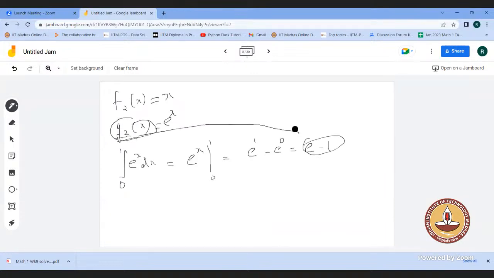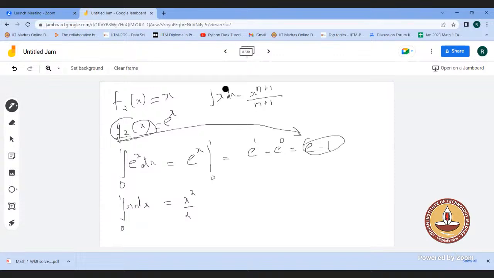Now we'll calculate the area under f2 of x. It will be the integral from 0 to 1 of x dx. What is the integral of x? x square by 2. Again, the integration of x power n is x power n plus 1 by n plus 1.